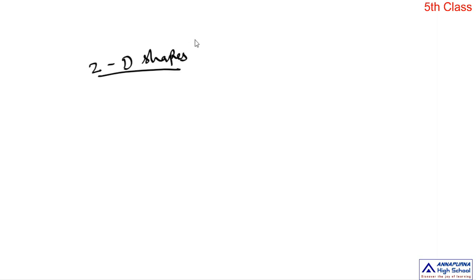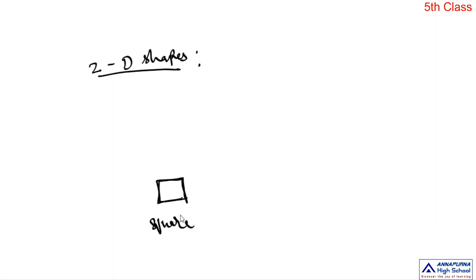2D shapes means it is a figure. For example, take a square. This is the square.